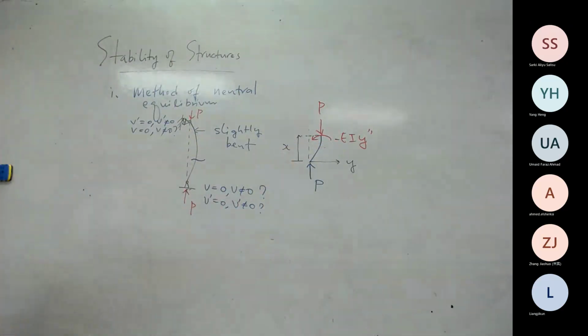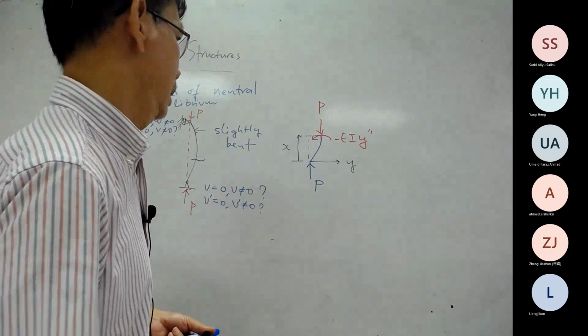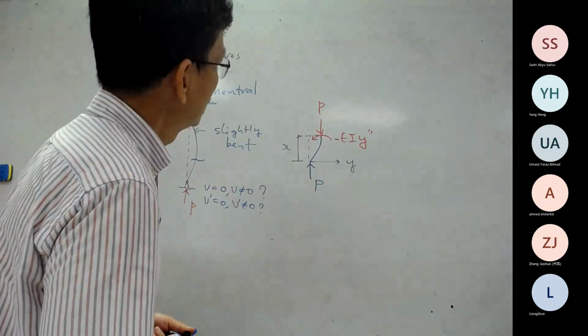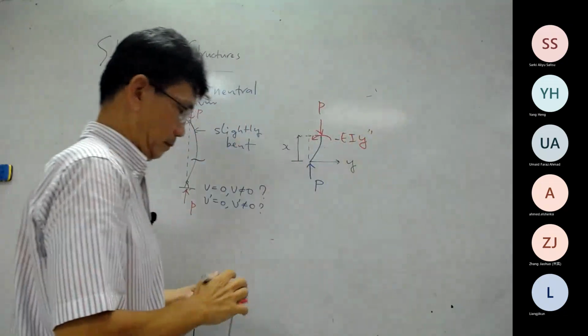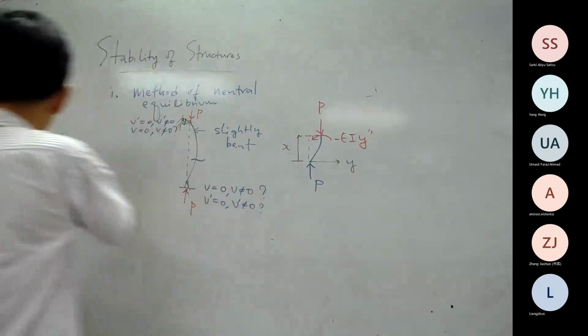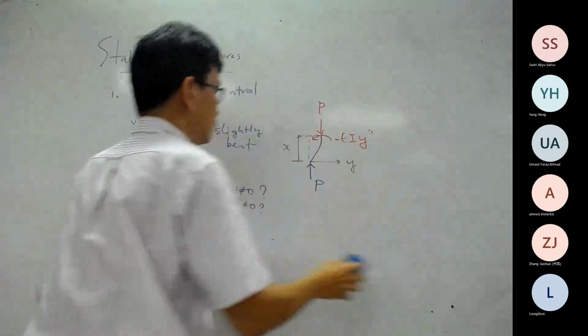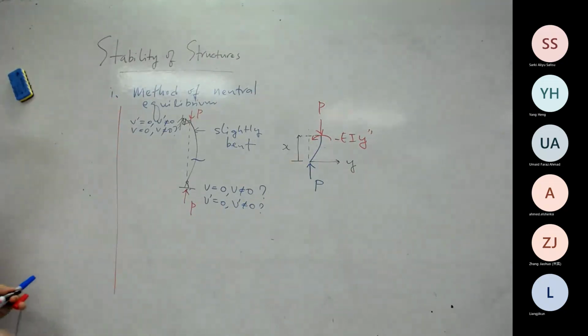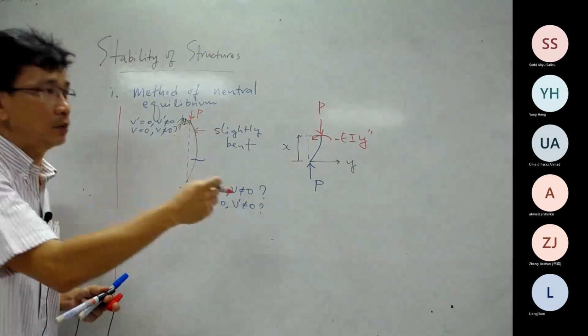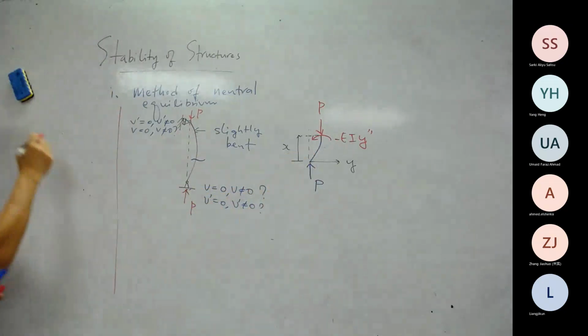So after you draw the free body diagram, take moment at this point equal to 0.